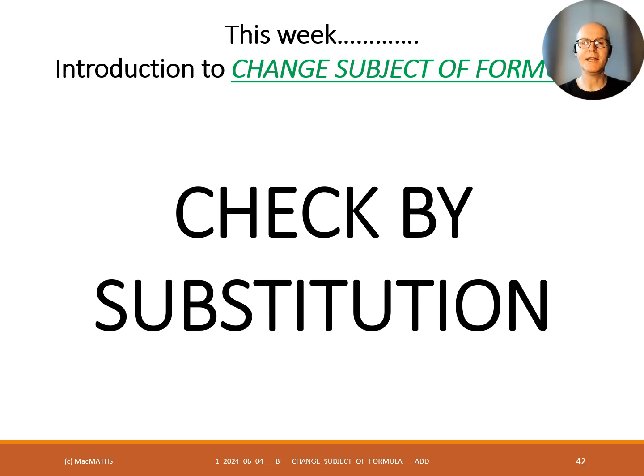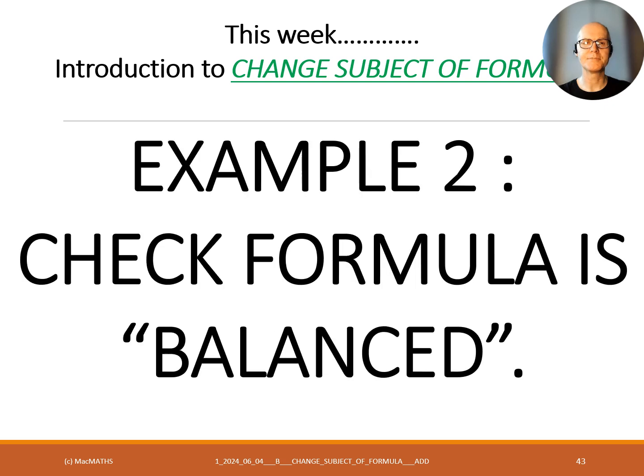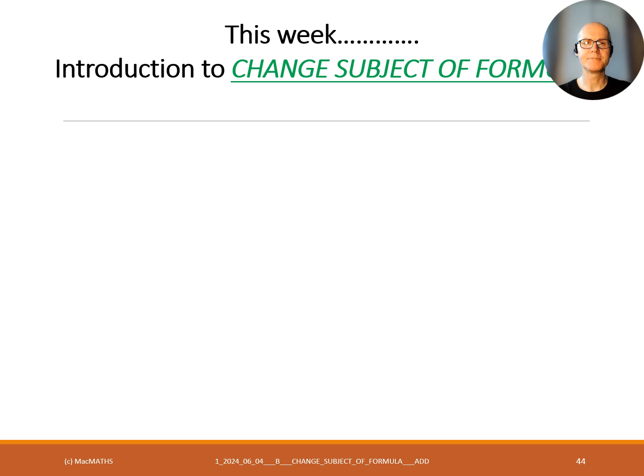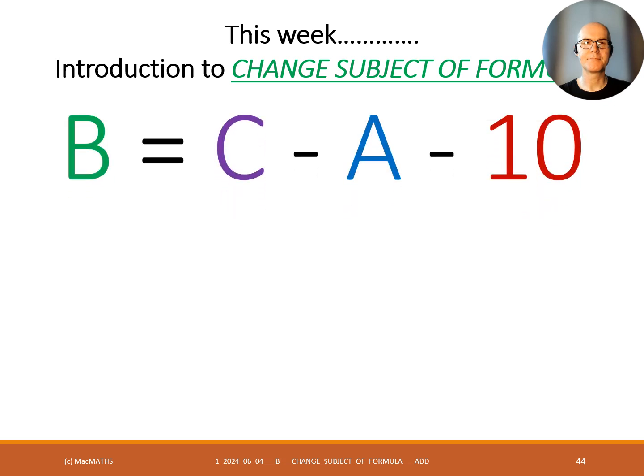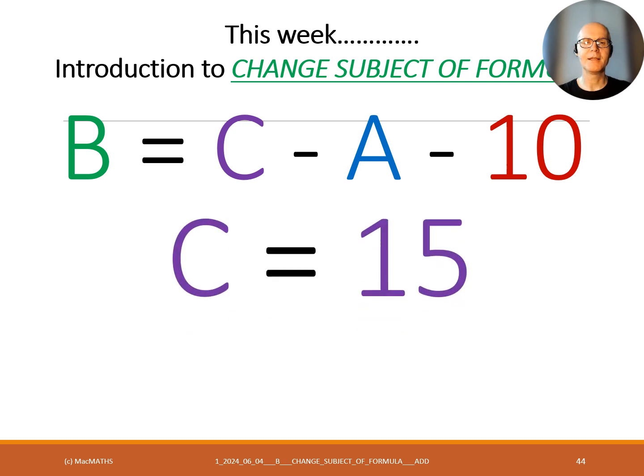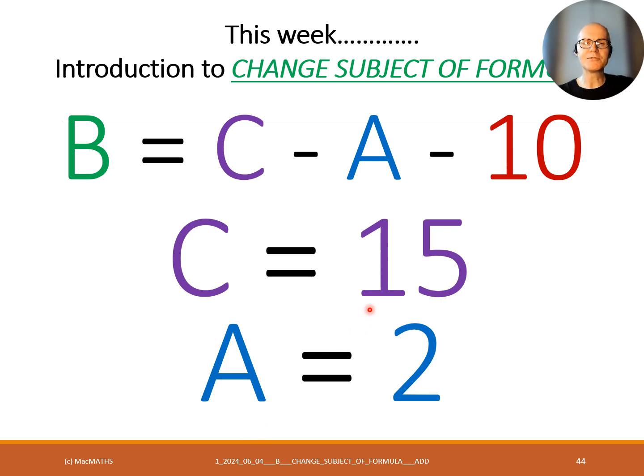Let's check to see if that's okay by putting in some real numbers. Let's check that the formula is balanced. This is where we've ended up by changing the subject of the formula to b. We know that c equals 15 and a equals 2.